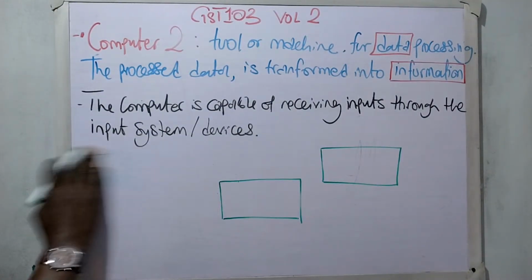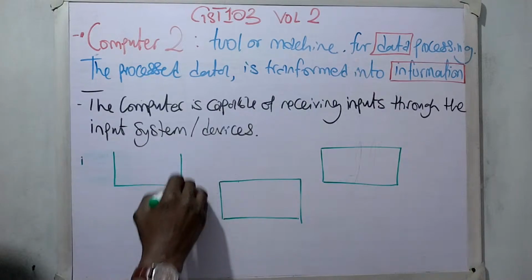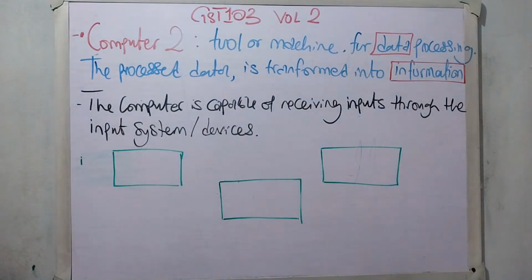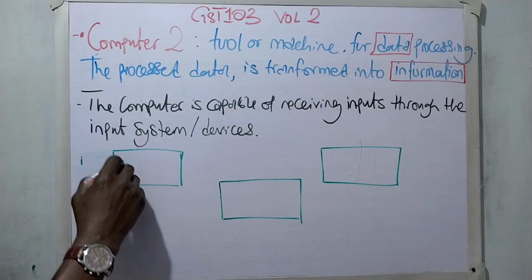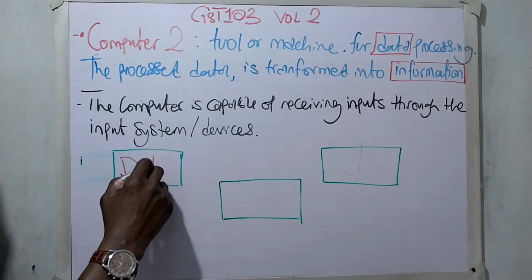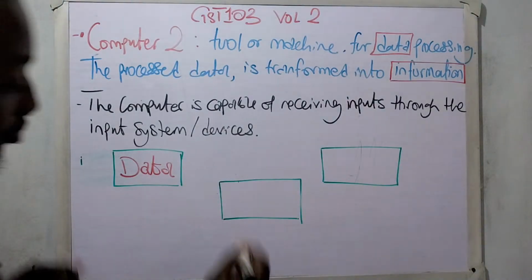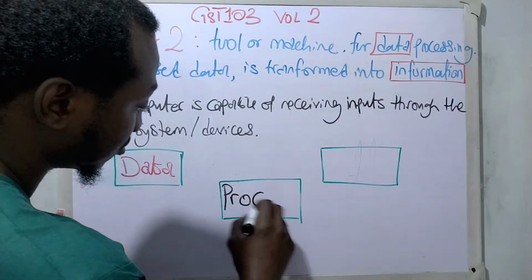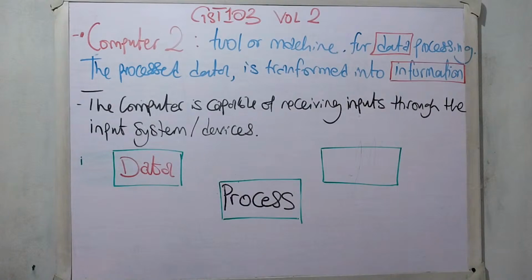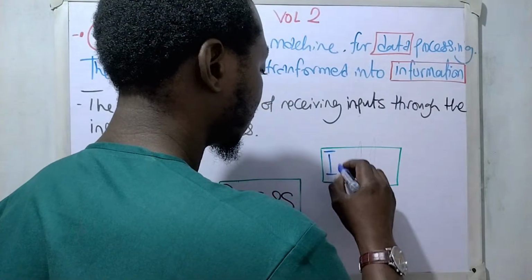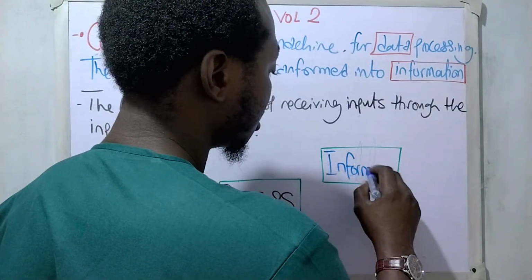I think I should bring this a little bit closer. So we have, since we are using data, let's just use data here. So process, and we have information.